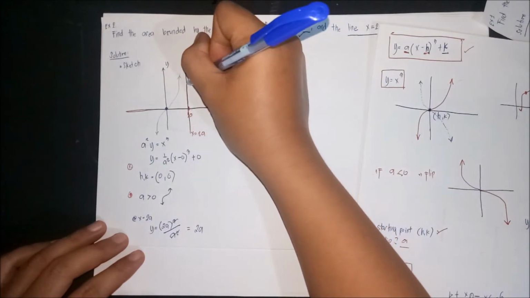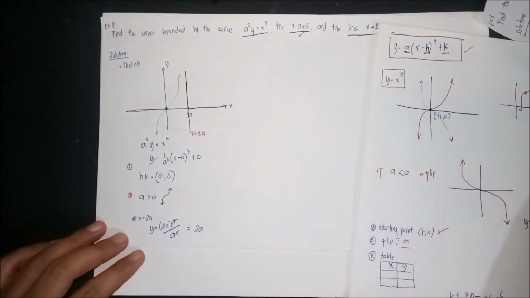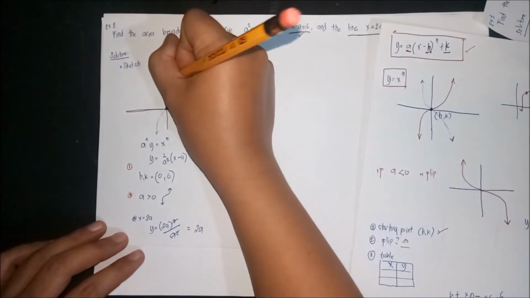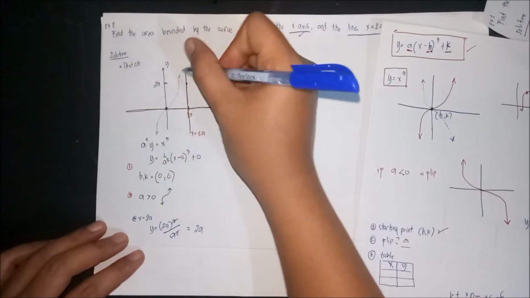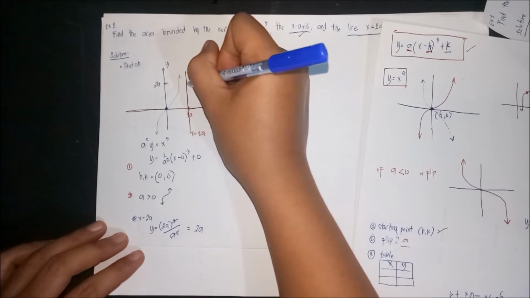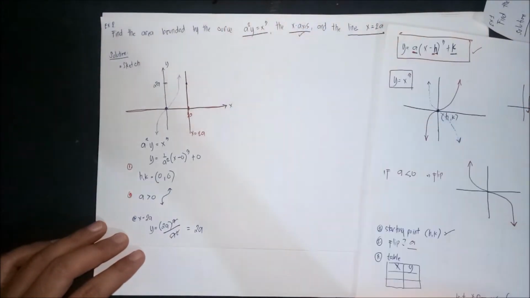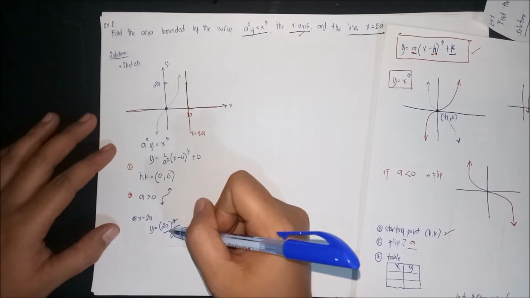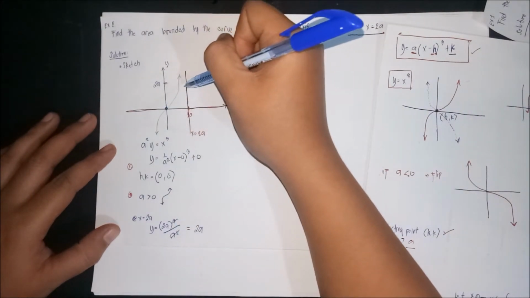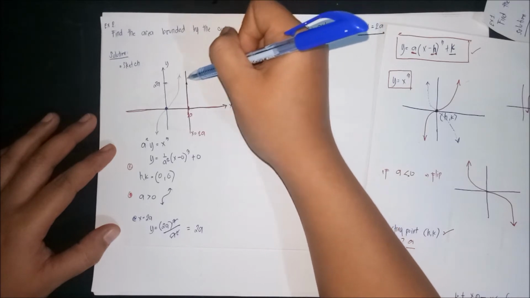So, at x is equal to 2a, our y is also 2a. So, assuming this is our 2a, more or less, they meet here, class. They touch, rather. So at 3a, our y is also 3a. So it goes like this, no?